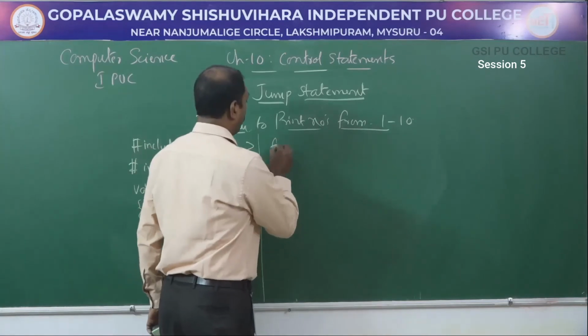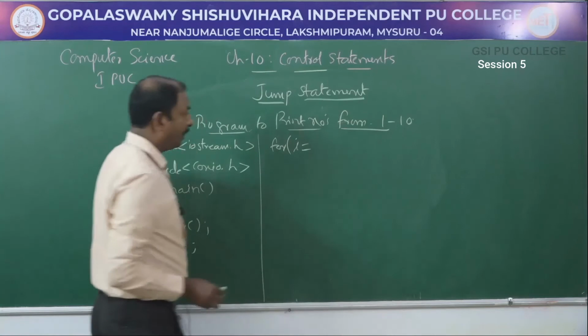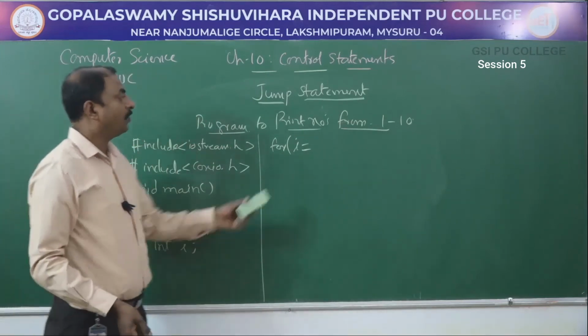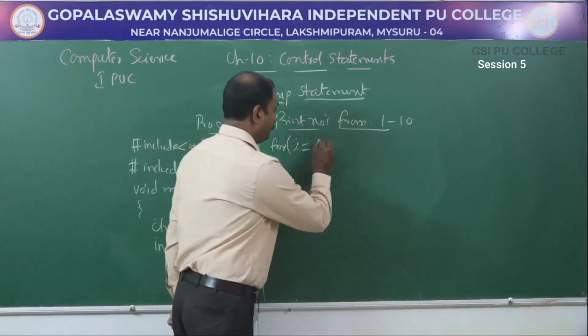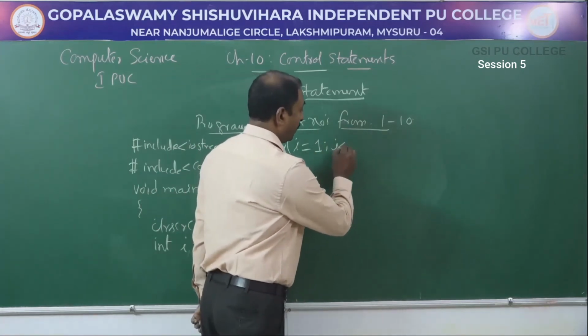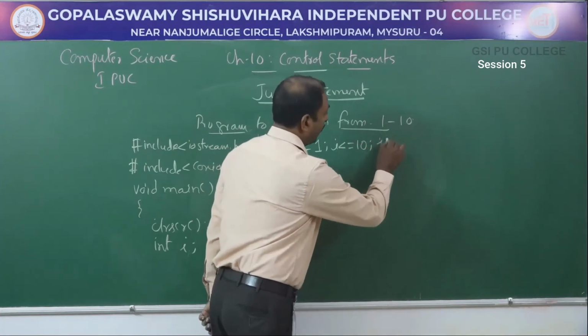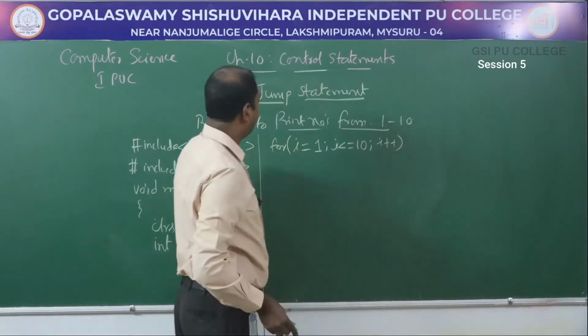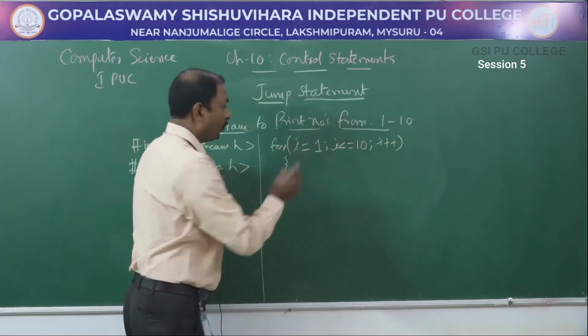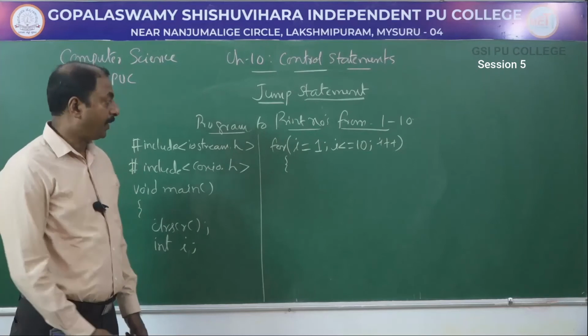So here for, i is a loop control variable. I want to print numbers from 1 to 10. So here i equals 1, the starting number. The condition is i less than or equal to 10, then i++. This is an increment statement. And here I can make use of the break statement.